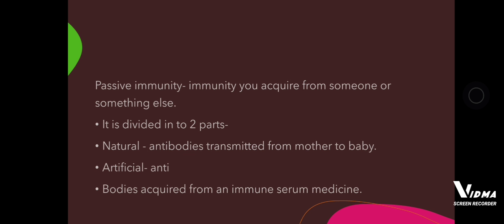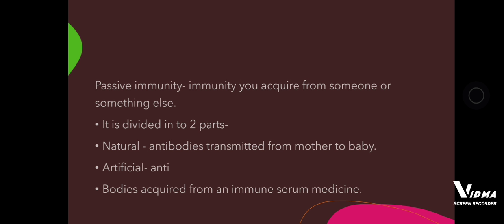Passive immunity you acquire from someone or something else. In passive immunity we will get immunity through some artificial method. So it is divided into two parts, natural and artificial.